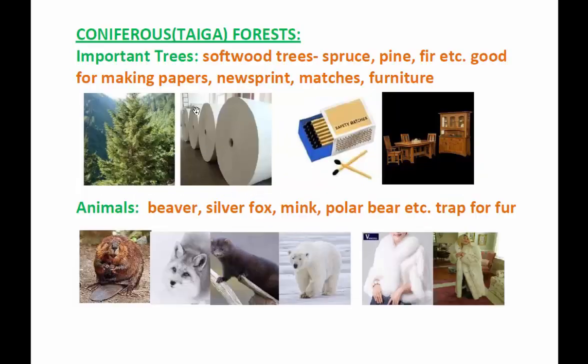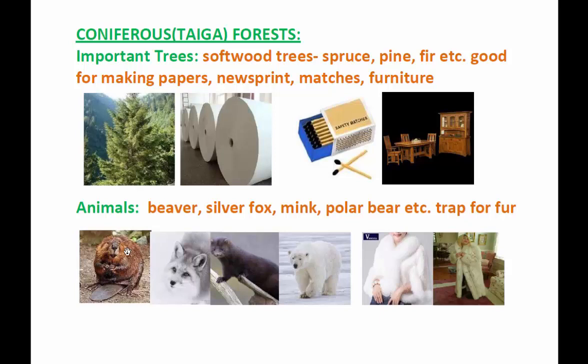So let us see some of the important trees like spruce. This is one of the spruce, and they are commercially very useful because they are used for making paper, newsprint paper, matchboxes, and even furniture.